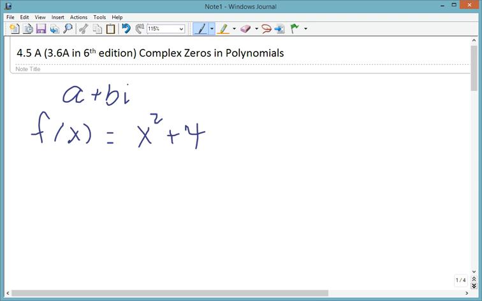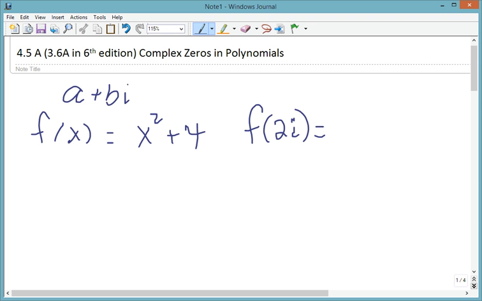But think about what you get when you get it. I mean, sometimes we just start doing stuff and we just start solving things and going through the motions and we're not thinking about it. A 0 means that if I take the 0 that I find, which would be 2i, and I plug it in, the answer should be 0.